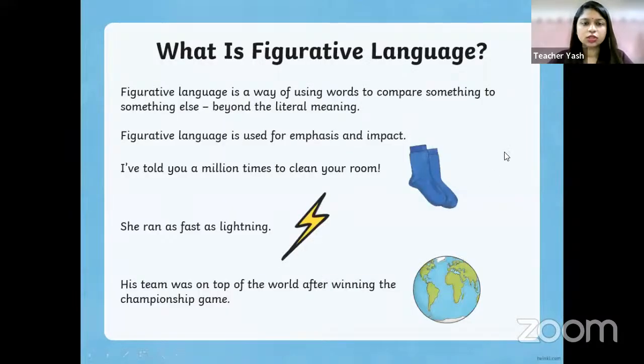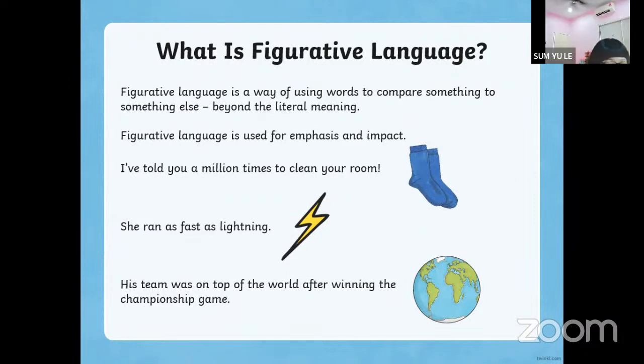Okay, so now let's read this. What is a figurative language? Can you please read this for me, Eula? Figurative language is a way of using words to compare something to something else beyond the literal meaning.